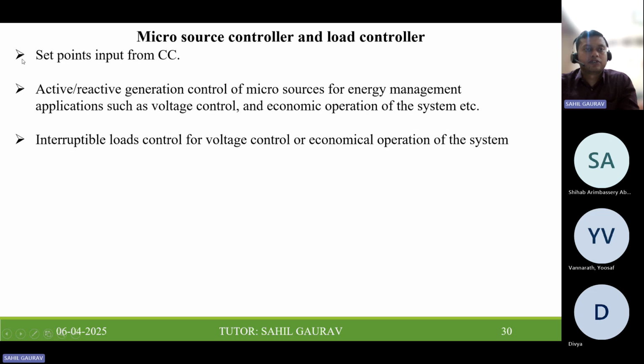Micro source controller gets set point input like active and reactive powers, voltage and frequency from the central controller, and gets active reactive generation control of micro sources for energy management applications such as voltage control and economic operation of the system. Interruptible loads control for voltage control or economical operation of the system. So these are the functions of micro source controller and load control.